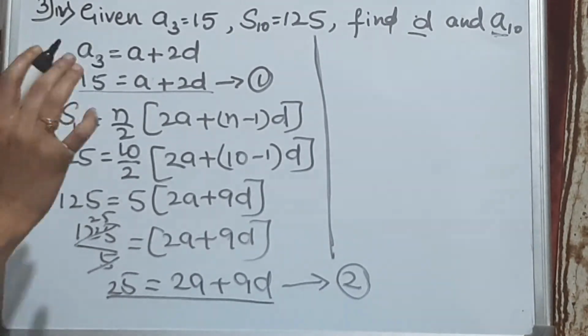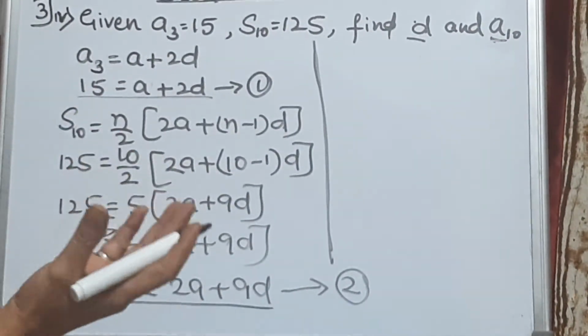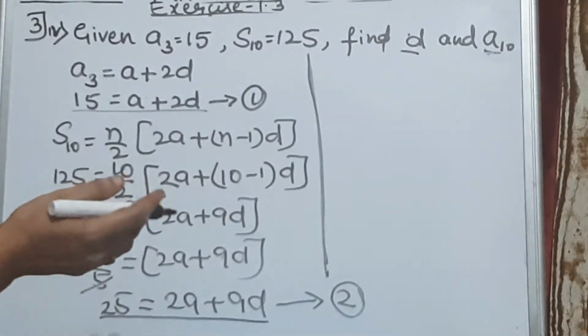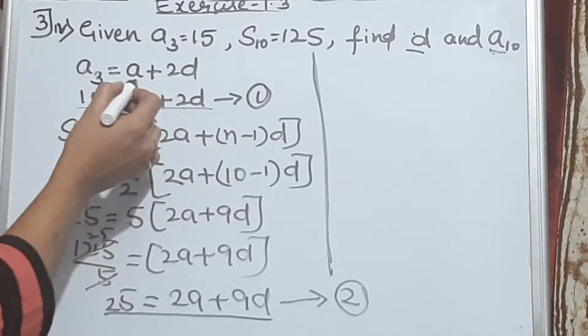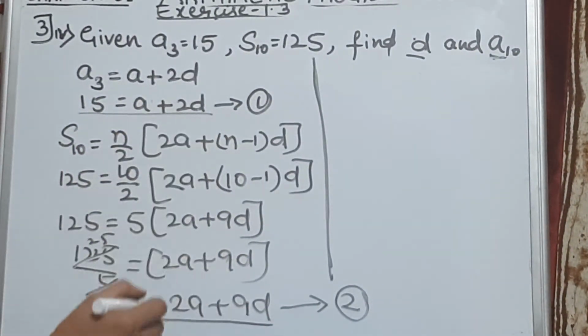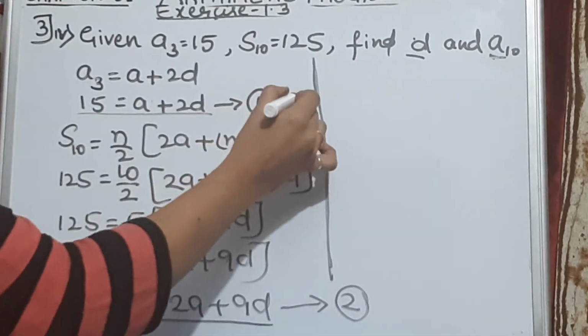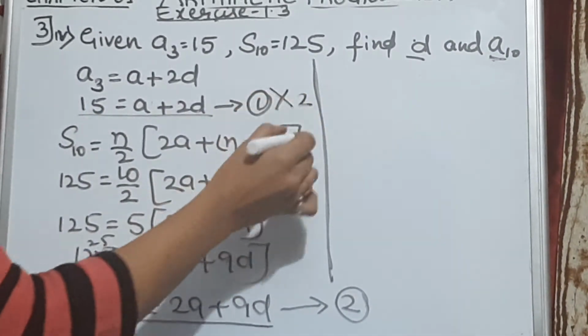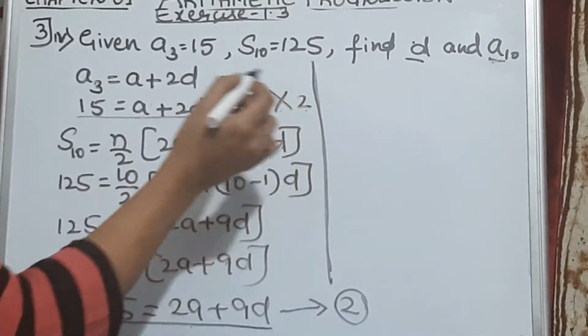If we cancel D or cancel A, then we get the other value. If you cancel A, you get the D value. If you cancel D, you get the A value. But here it is A, here 2A, here 2D, here 9D. That's why we multiply equation 1 by 2, to cancel 2A and 2A.